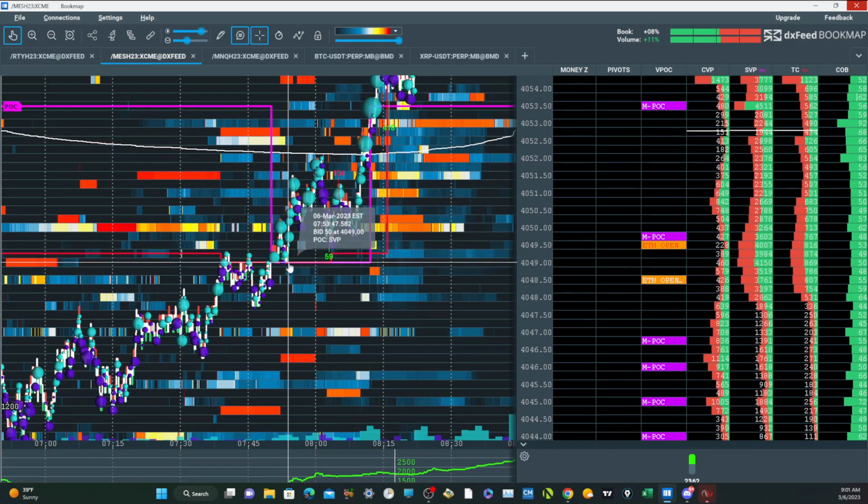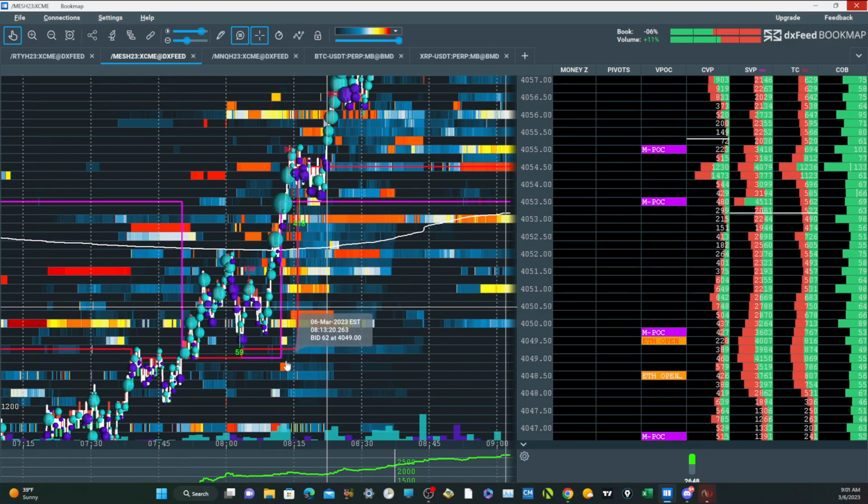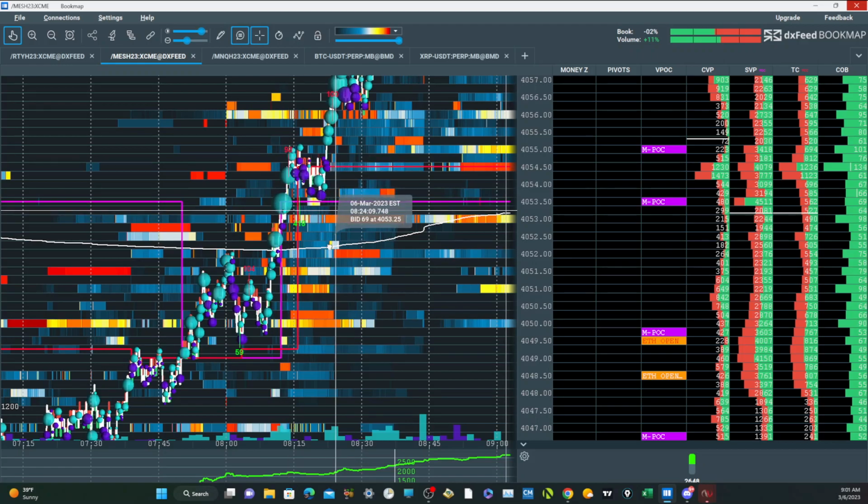VPOC migrated down, trying to test the price action to see if it would stop price action from pushing forward. Price action just ran past the VPOC, and VPOC had to actually migrate in the direction of the price action. So that's good.